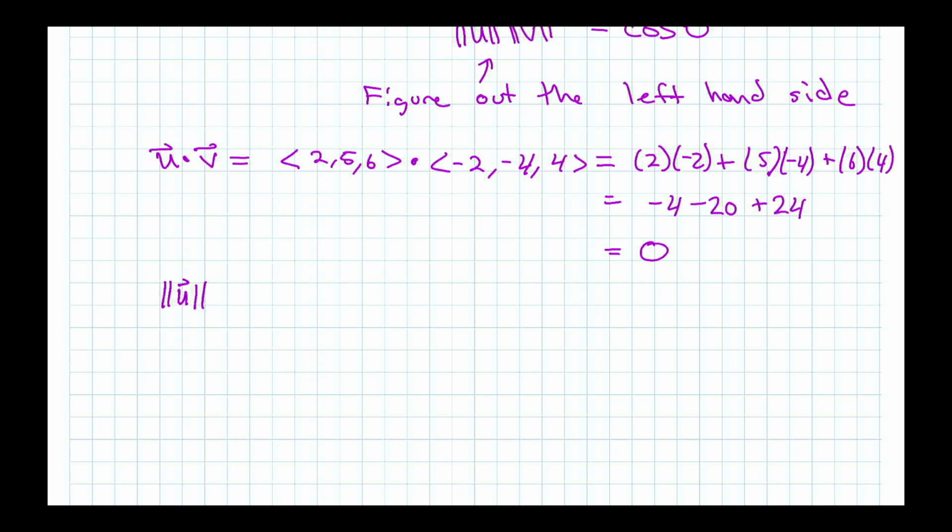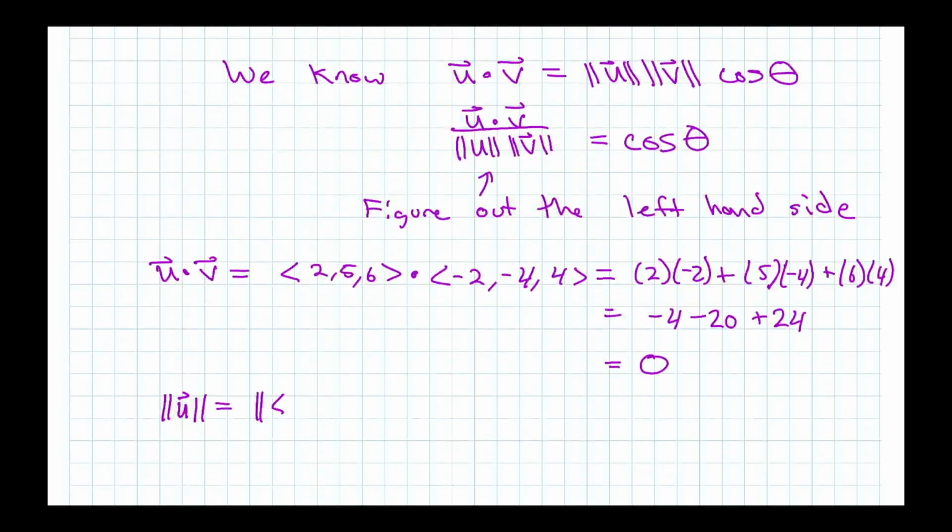Let's calculate the magnitude of u, because normally you would need that. So the magnitude of the vector, 256. Now, the reason I'm calculating this, even though the previous step came up 0, is that if you think about filling this out here, we just calculated u dot v, which is in the top.